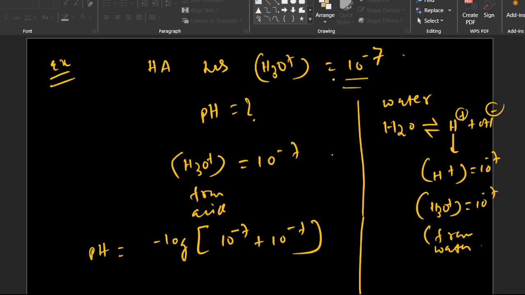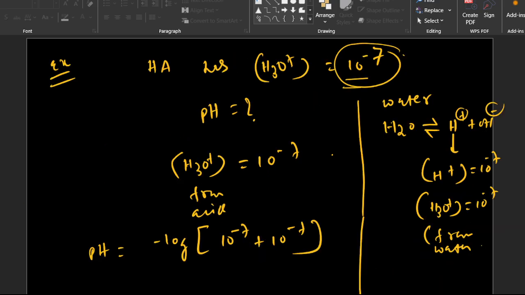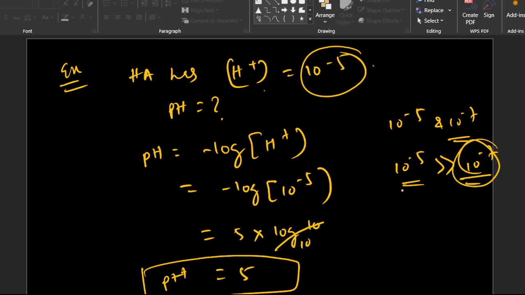So for this case I took the H plus concentration from both when the HA concentration is 10 raised to minus 7, but when HA has the concentration 10 raised to minus 5, I do not include the H plus concentration from water. Why? Because 10 raised to minus 5 is very large compared to 10 raised to minus 7, so water will not affect this value.